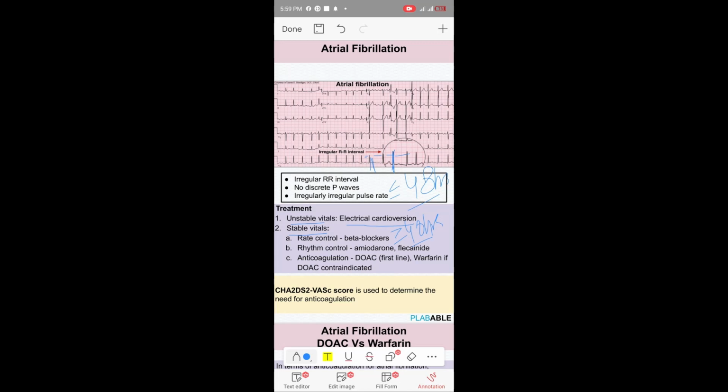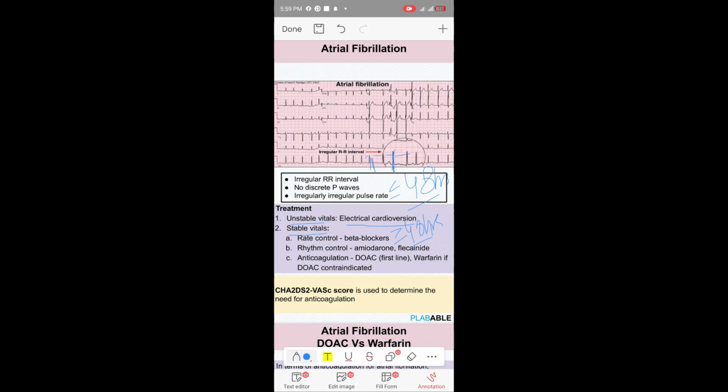So if a patient is hemodynamically unstable, just do synchronized DC cardioversion. If the patient is presenting in less than 48 hours and you are sure it's a new onset AFib, you can go for electrical or chemical cardioversion. Electrical is preferable to chemical.